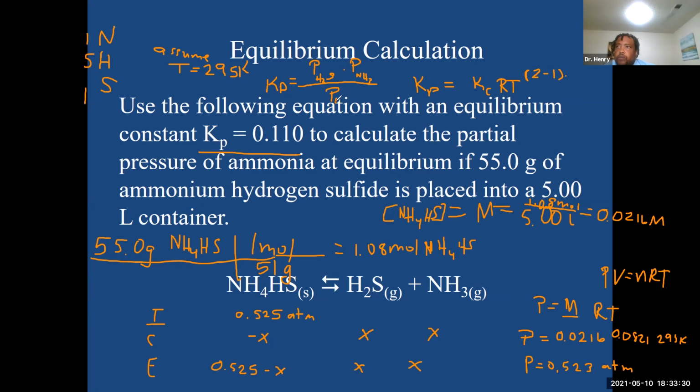So NH, or HS. Okay, I'm going to go ahead and erase this. Okay, so we have our KP, right? And KP is 0.110.